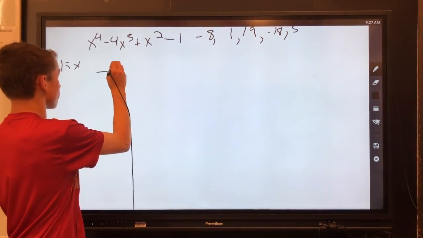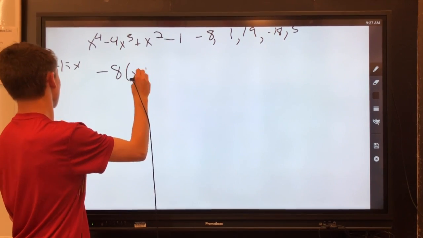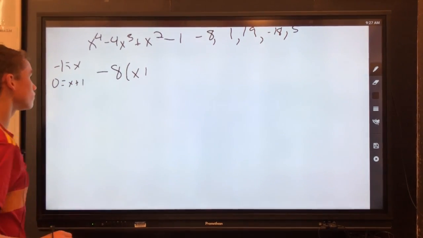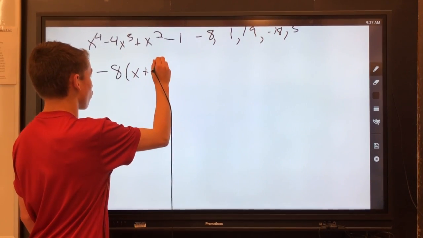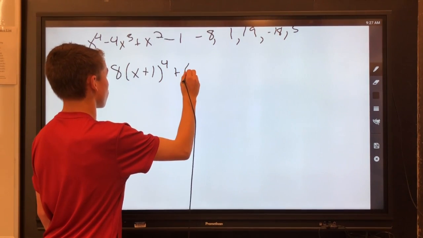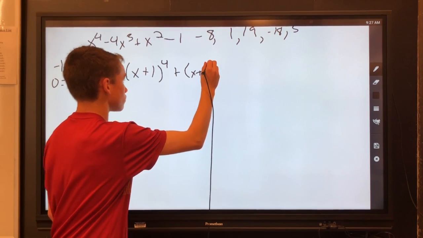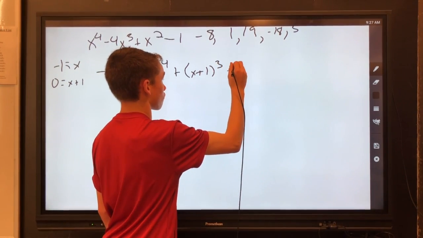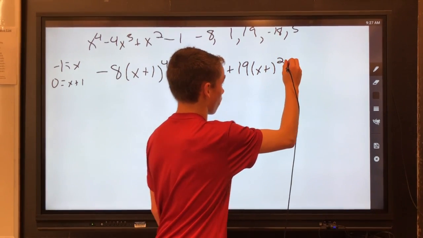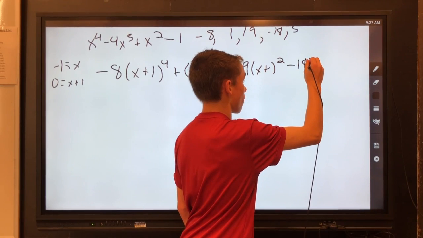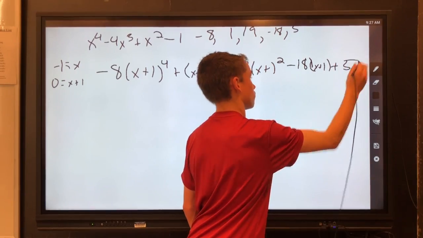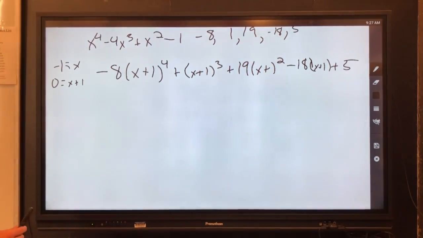So negative 8 times x plus 1, since 0 is equal to x plus 1, to the fourth power plus x plus 1 cubed plus 19 times x plus 1 squared minus 18 times x plus 1 plus 5. Okay, there's our Taylor expansion.